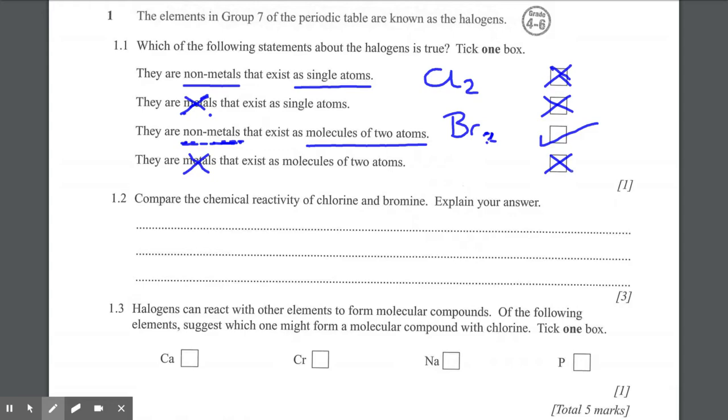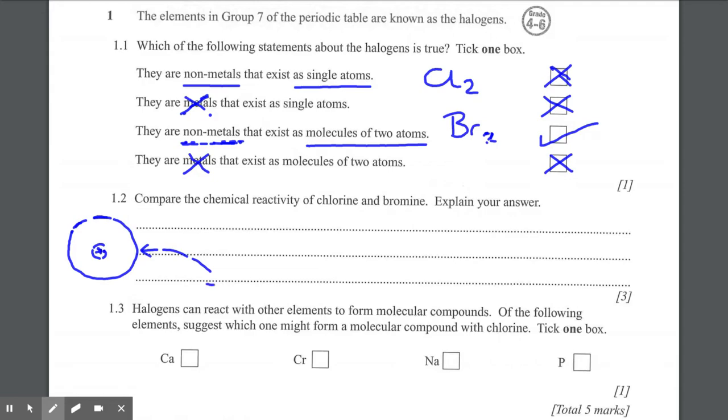Now, the first issue is we can discount anything to do with numbers of electrons, because obviously they're both in group 7, and so they both need to gain one electron. So if we think about the way in which they do that, the nucleus is in the middle, the positive nucleus, where all the protons are, and the electron which is going to be accepted is going into the outer shell of that atom.